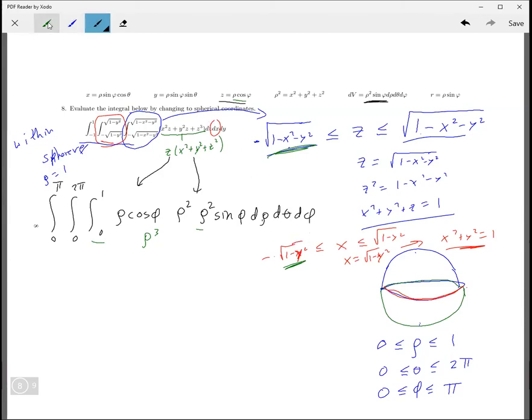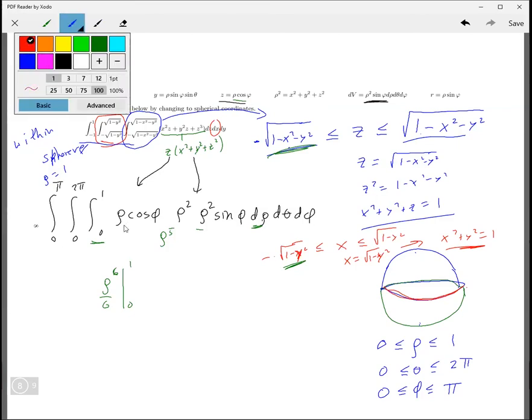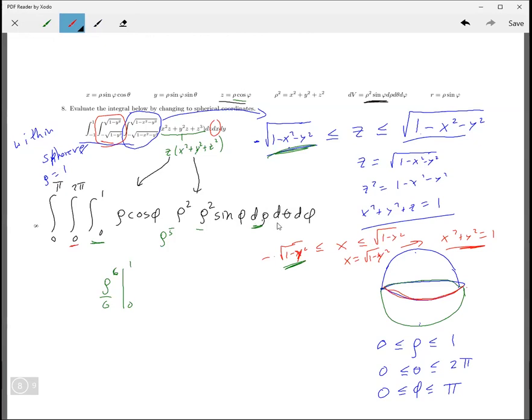Okay, so now what we actually have is rho to the fifth. And then when you integrate that, you're going to get rho to the sixth over 6, from 0 to 1. Also, there are no thetas in here anywhere, so that's going to be 2 pi.